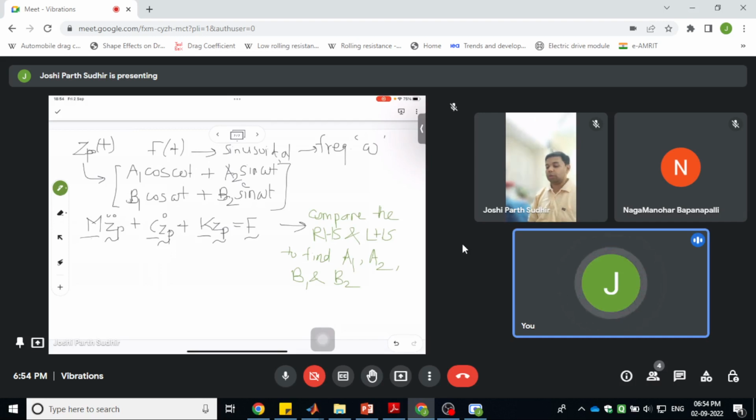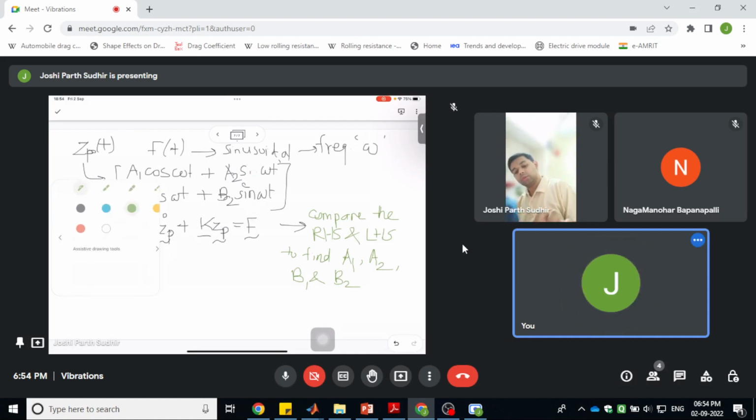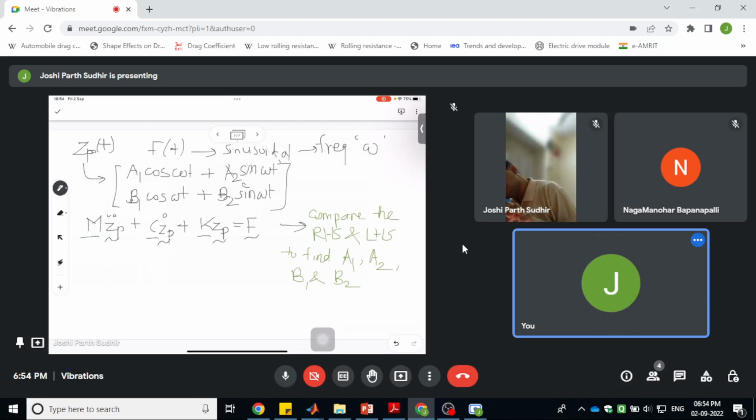Based on the coefficients of cos omega t and sin omega t, we will arrive at the values of a1, a2, b1 and b2. So this is how we get the particular solution.